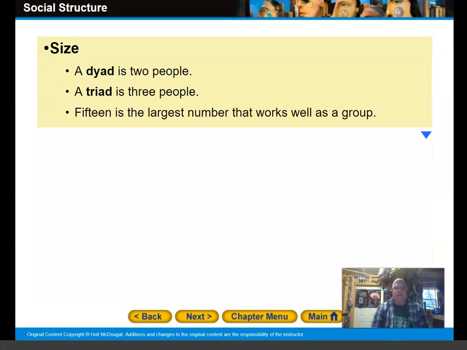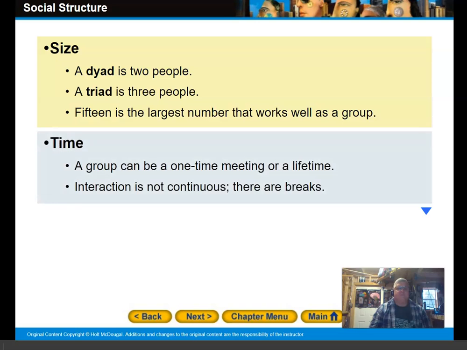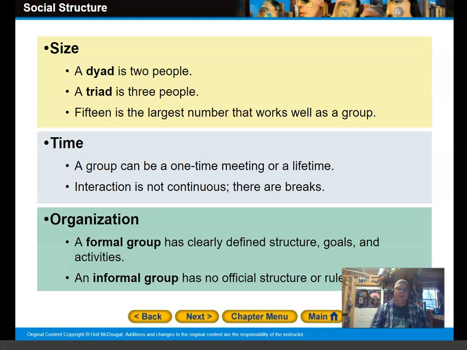Size. A dyad is 2 people. A triad is 3. Fifteen is the largest number that works well as a group. After that, it becomes a crowd. A group can be a one-time meeting or a lifetime interaction. It is not continuous and there are breaks. Organization.